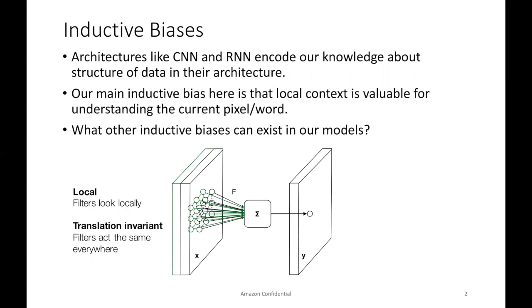Another inductive bias is that we use a word as a complete token in NLP, but we don't use characters or alphabets very frequently. Rather, we take the whole word, and that word forms the unit, like one pixel. A word forms one unit in NLP.